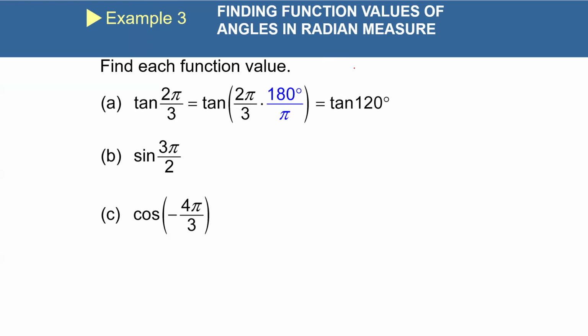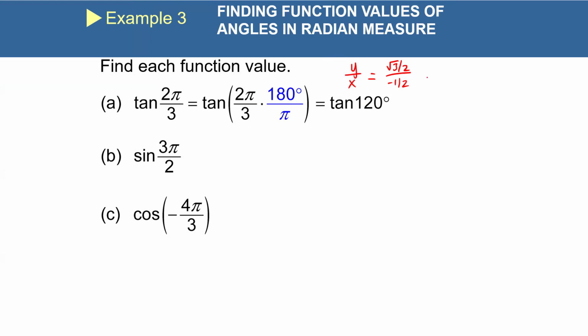Okay. So tangent means you're taking your y and dividing by your x. The y value at 120 is square root of 3 over 2, and your x is negative 1/2. When I divide these two, remember it's keep, change, flip. Your 2's are going to do what?